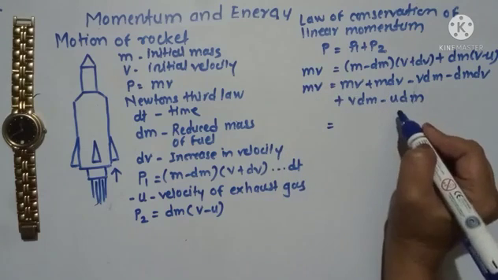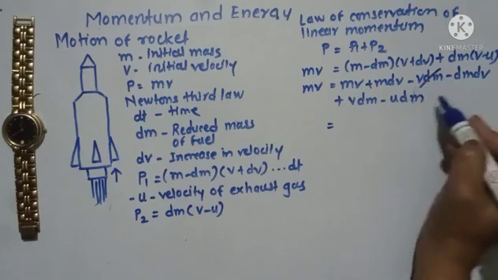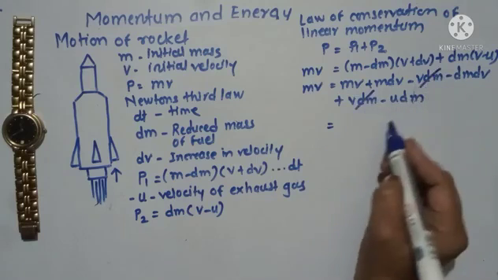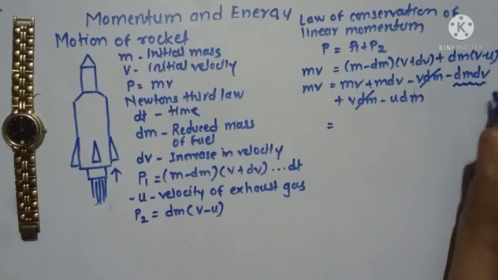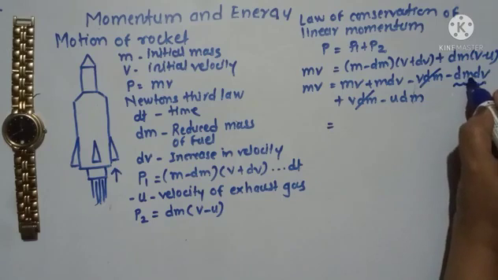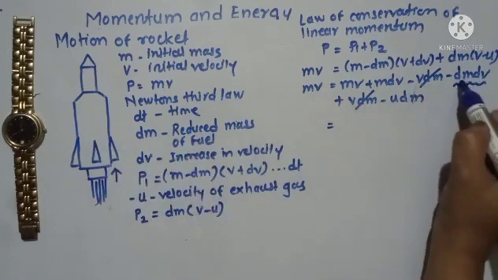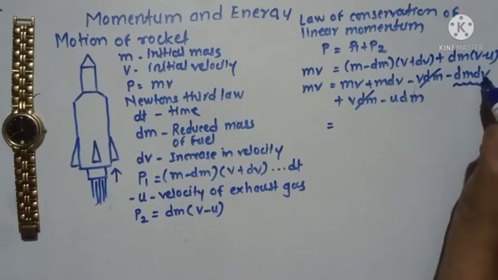So the plus v dm and minus v dm will cancel out, and you can neglect the dm dv term, because as compared to the mass of the rocket, the reduced mass is very small, and the increase in velocity is also very small.